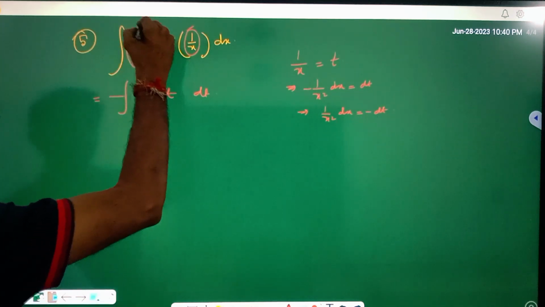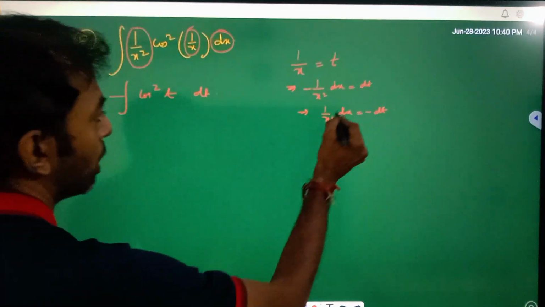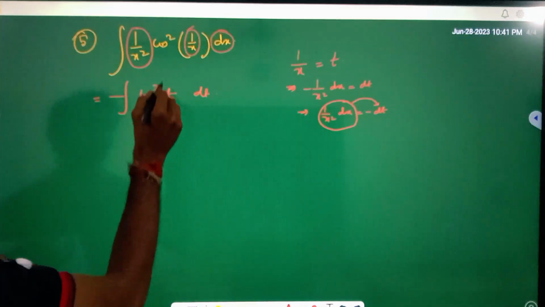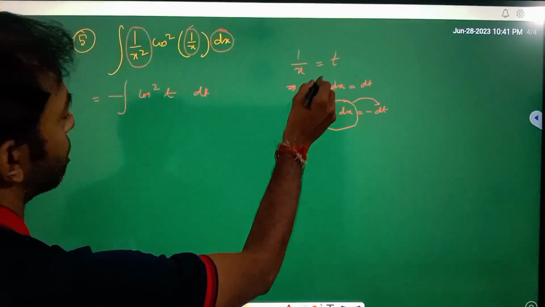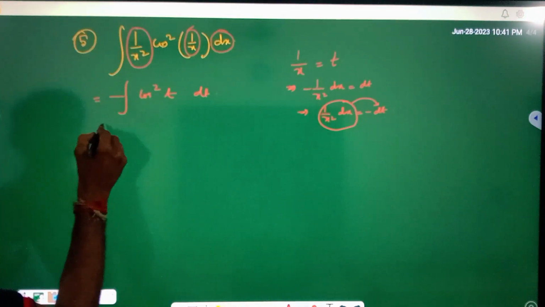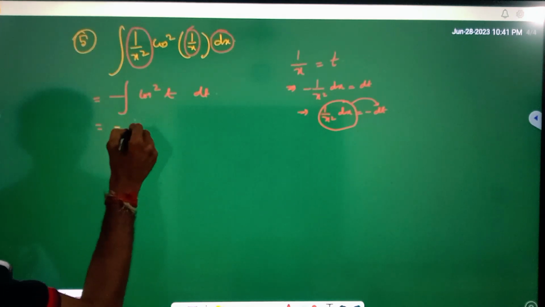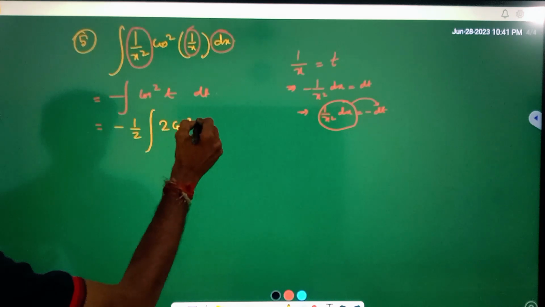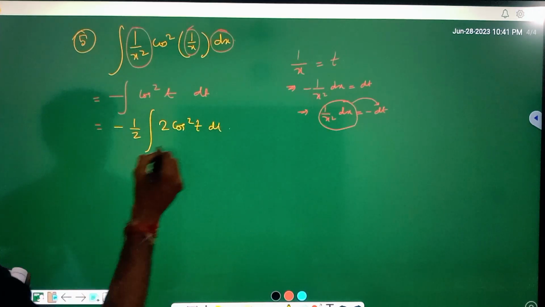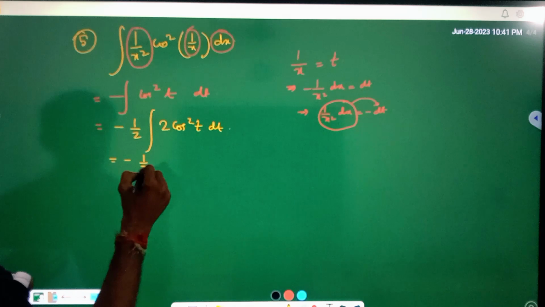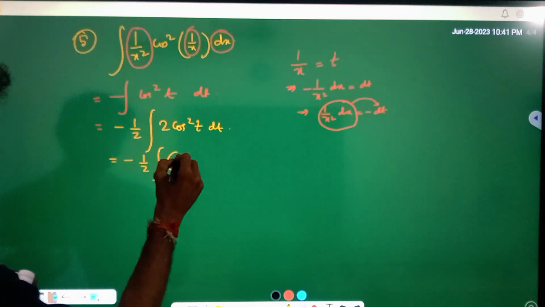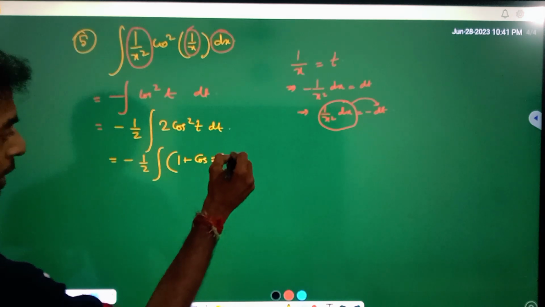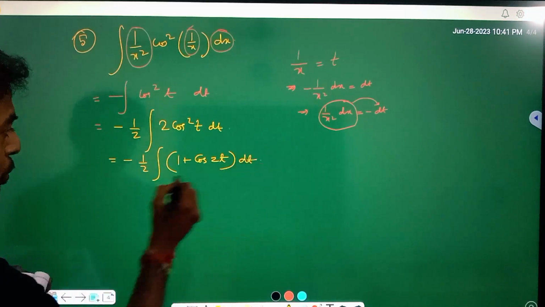Because 1 by x square dx is represented by minus dt, and cos square 1 by x will be represented by cos square t. Now just adjust it with half. Then what will be the result here? We are getting 2 cos square t, right? Now 2 cos square t, if we apply the multiple angle formula, the result will be 1 plus cos 2t.